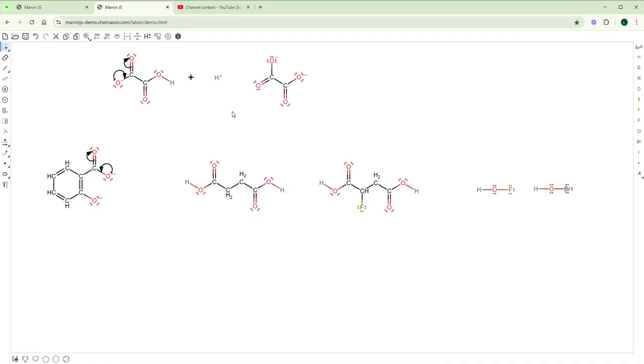So let's say, here is something called succinic acid. If I was somehow able to replace a hydrogen here with an electronegative element like a fluorine, that would make this hydrogen more acidic than this one because, if I remove this one, I'd have the identical situation over here.